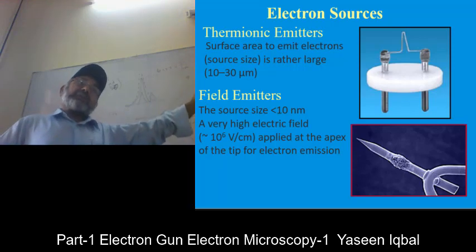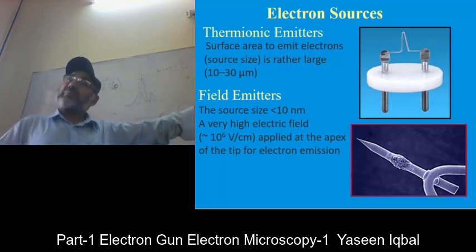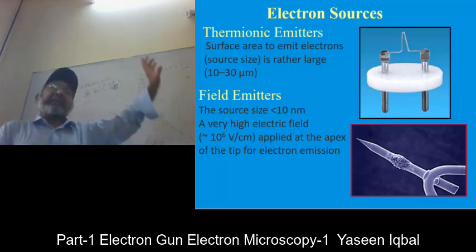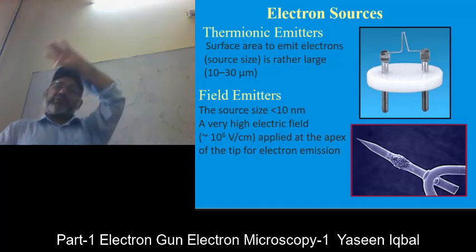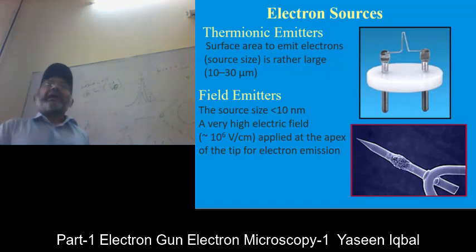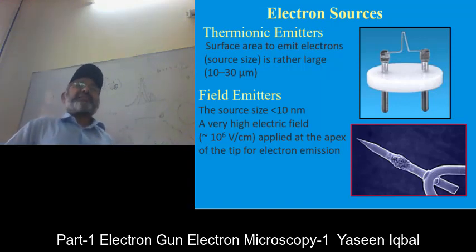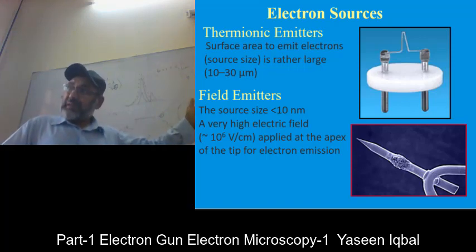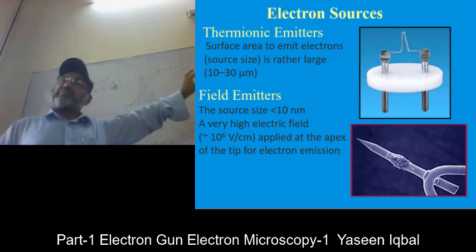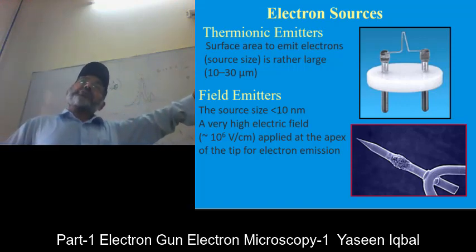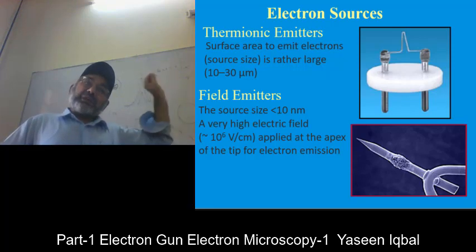So when you heat something inside the microscope, although the electron gun has its separate assembly and its vacuum is much less in terms of values compared to the microscope column, very high vacuum is not needed, but still vacuum is there, right?